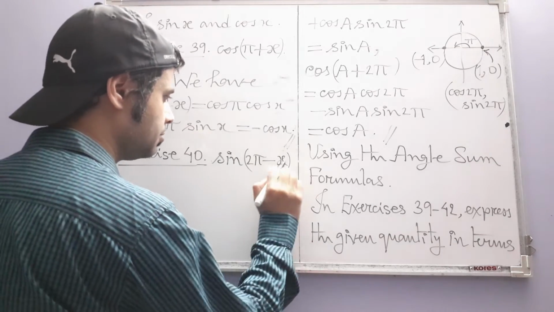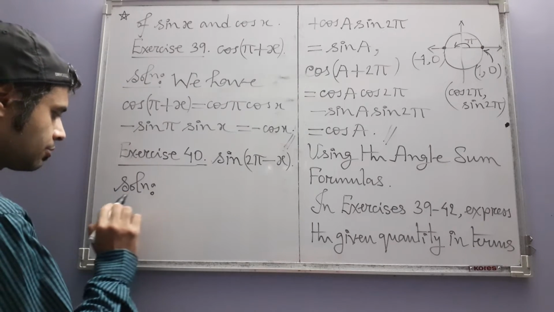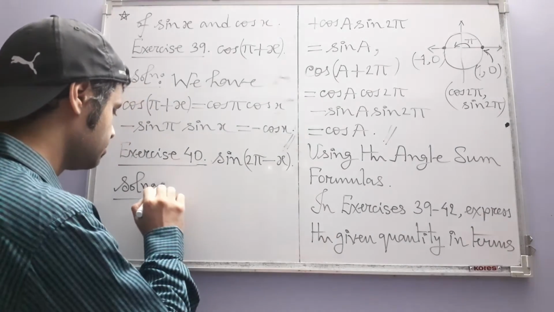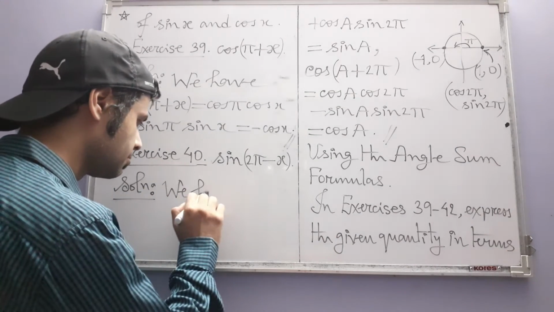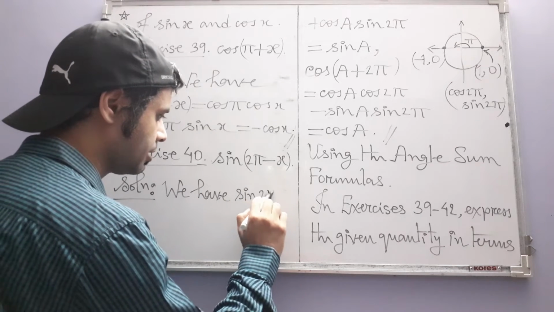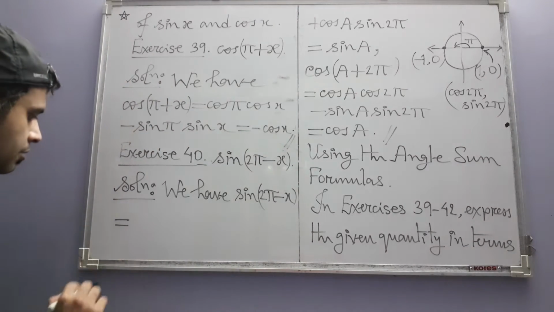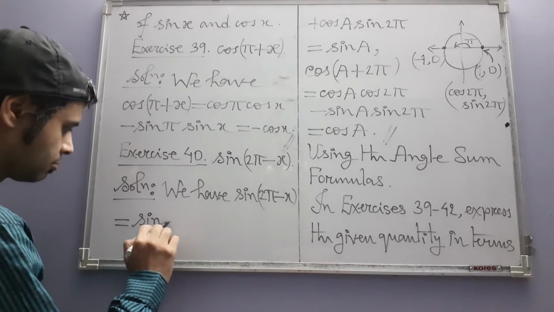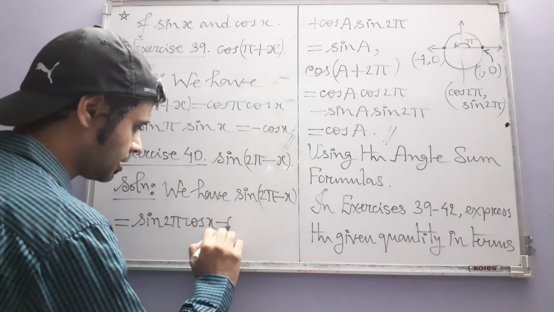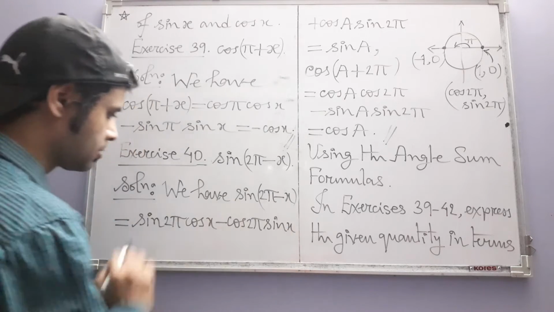Sin 2 pi minus x. Now that we have the formula for sin a minus b, officially we can directly use it. We have sin 2 pi minus x equal to sin 2 pi cos x minus cos 2 pi sin x.